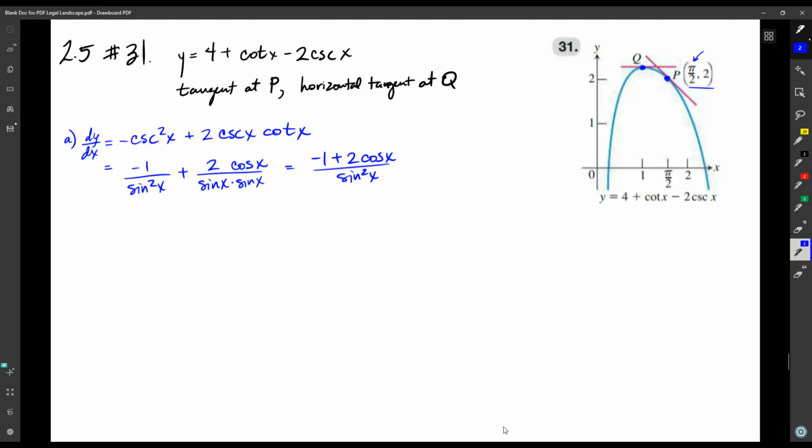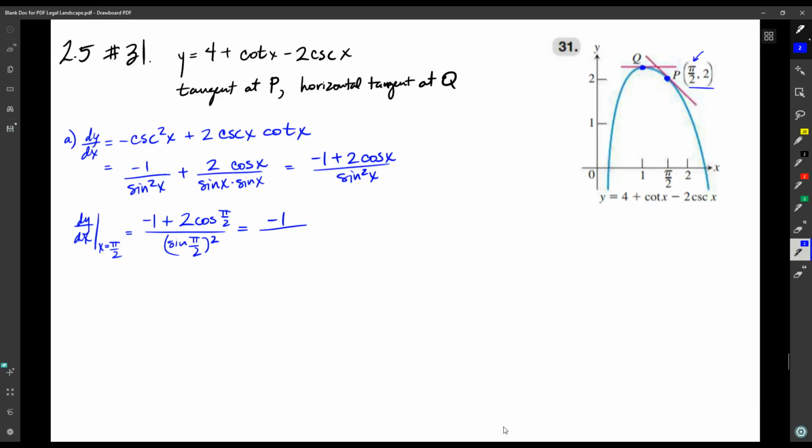Now, we want to evaluate this at pi over 2. So dy/dx evaluated at x equals pi over 2 looks like this. Negative 1 plus 2 times the cosine of pi over 2, over the sine of pi over 2 quantity squared. Okay, so the cosine of pi over 2 is 0, so that leaves just a negative 1 in the numerator.